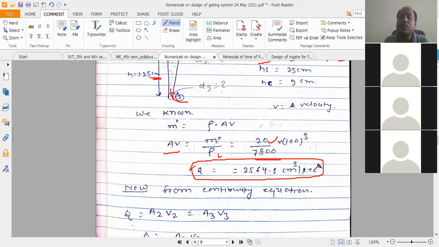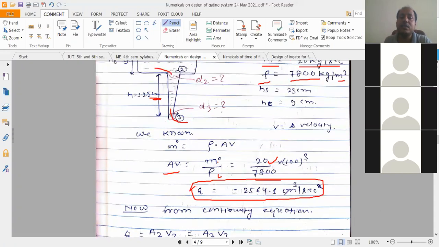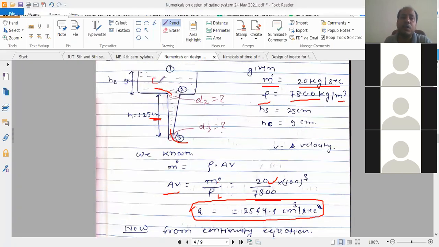Once we have determined the mass flow, simply this q dot enters here, and this one is also the exit at point 3.